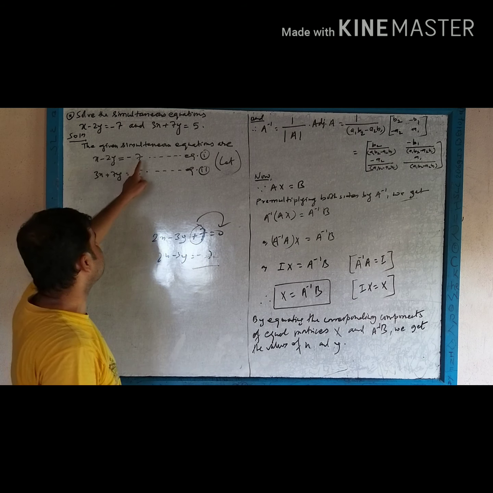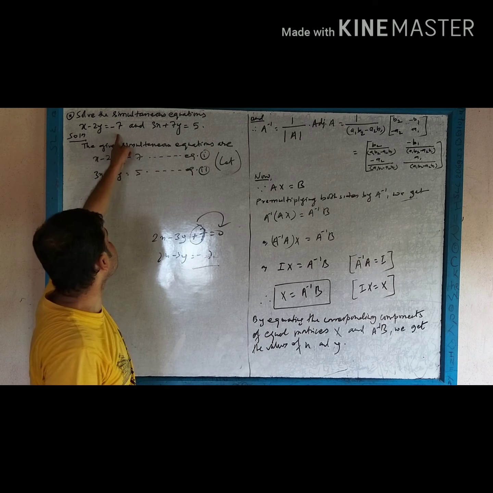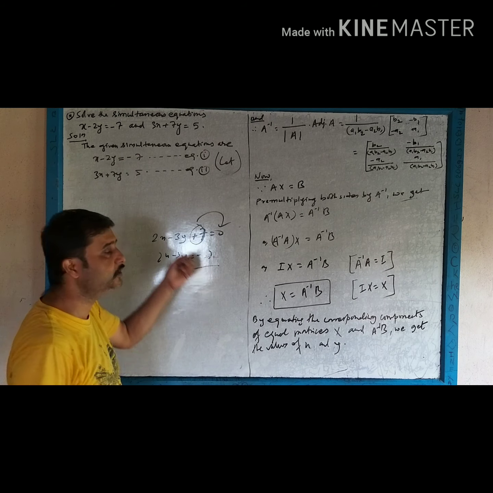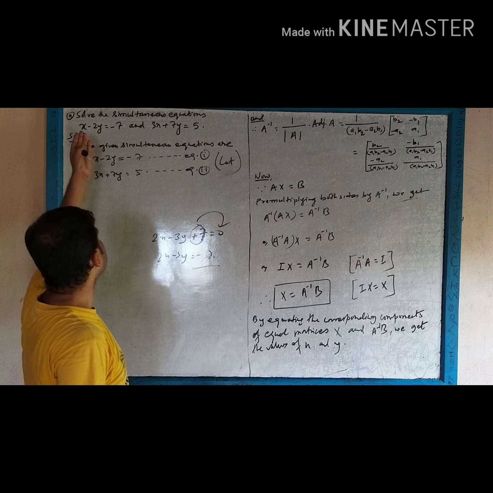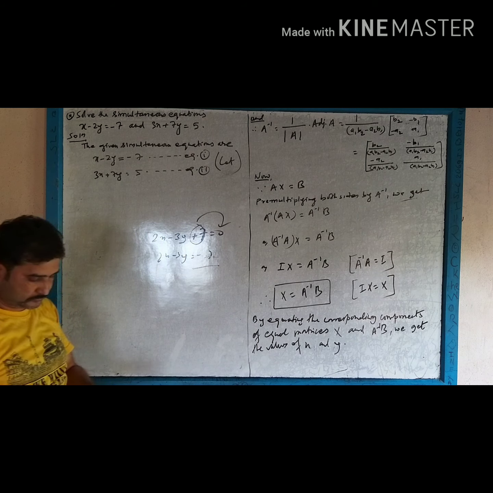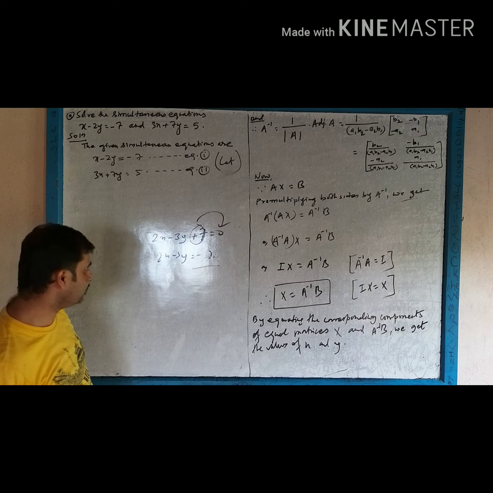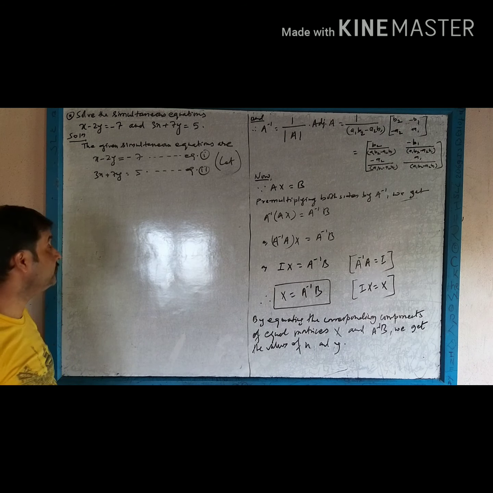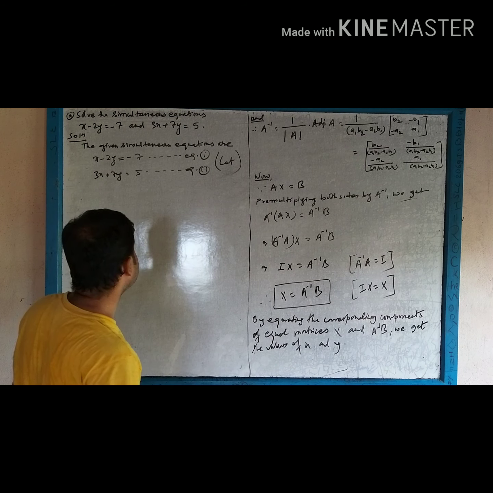Here both constant terms are already on the right hand side, so there is no need. If in the question the constant terms are not on the right hand side, your first duty is to take them to the right hand side and make the equations. In the second problem I will convert and show you.